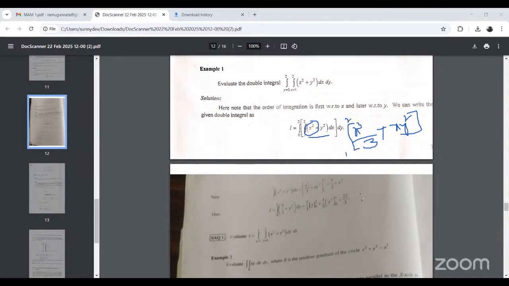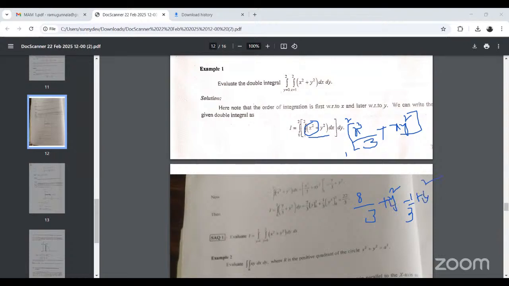That becomes 8 by 3 plus 2y square, minus, applying the lower limit 1, 1 by 3 plus y square.